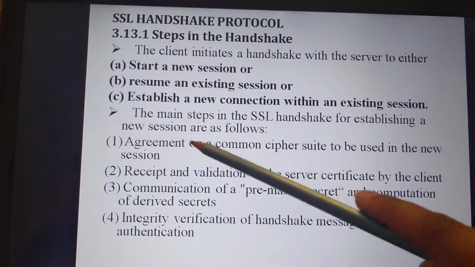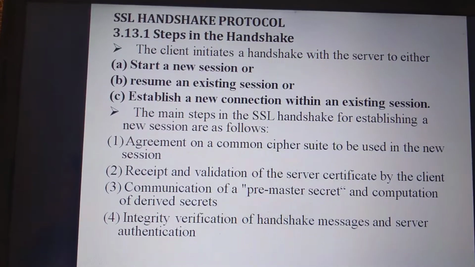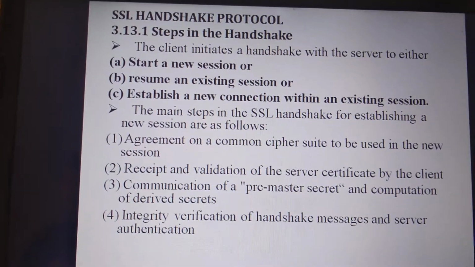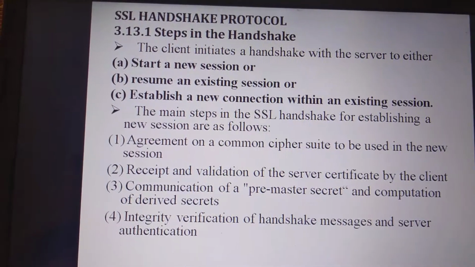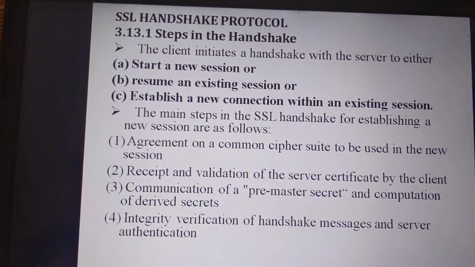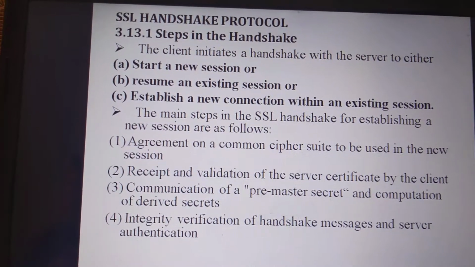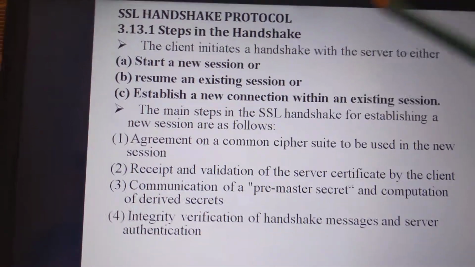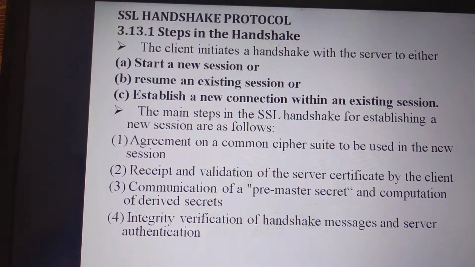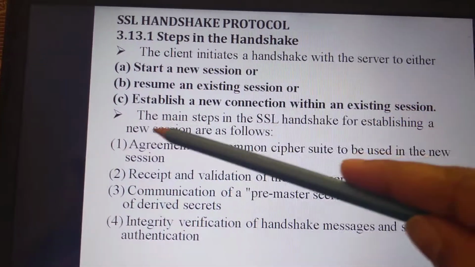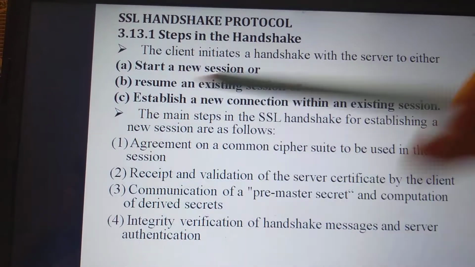The first is agreement on the common cipher suite to be used in the new session. Second, receipt and validation of the server certificate by the client. Third, communication of the pre-master secret and computation of the derived secrets, and in the fourth step, integrity verification of handshake messages and server authentication. We are going to see these 4 steps in detail.